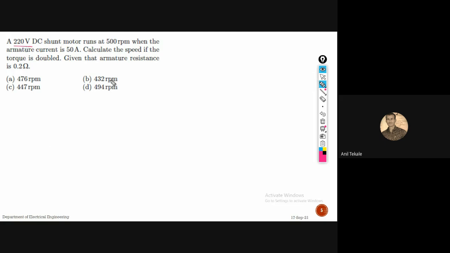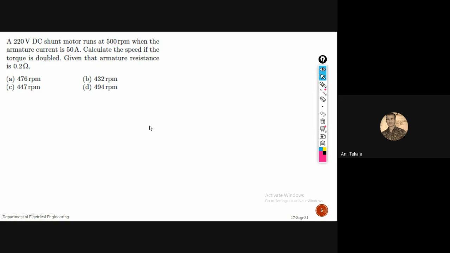Voltage is given, speed is given when armature current is 50 ampere. So all information is given, and what I asked is, when torque is doubled, what will be the speed? Okay, so let us go for the example.